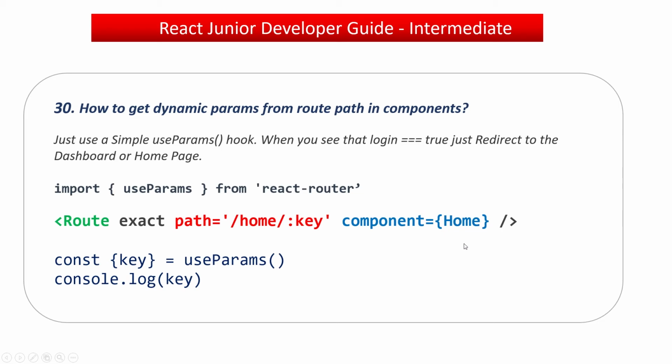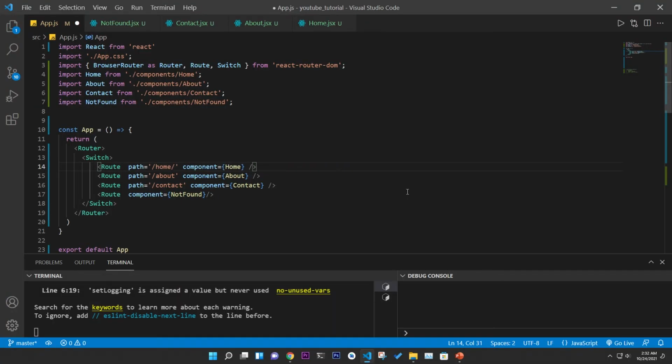In the component Home, you're going to utilize that useParams hook to get the key, whatever we set in the app.js path. Okay, the dynamic URL, you want to pass some ID. Suppose in the about you want to pass some name, and in the contact you want to pass ID and name.